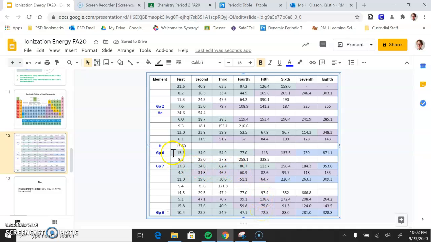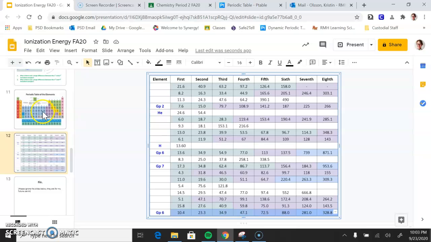The top group 6 starts at 13 ionization energy and ends at 871. The bottom group 6 starts at 10 and ends at 328. What that tells me is that the top group 6 has a higher ionization energy just in general. And so the higher ionization energy per our atomic trends is at the top of the table.